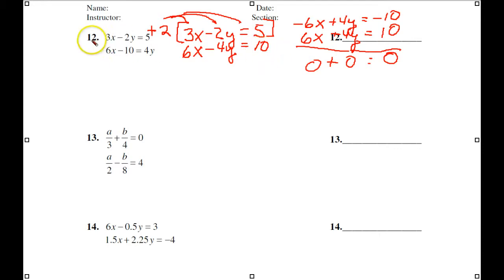So the solution for number 12, when you end up with a true statement, 0 equals 0, is that (x, y) is such that 3x minus 2y equals 5.